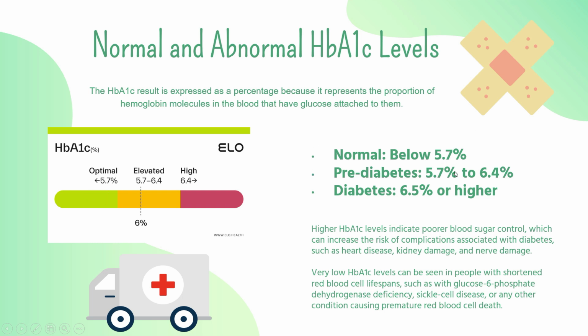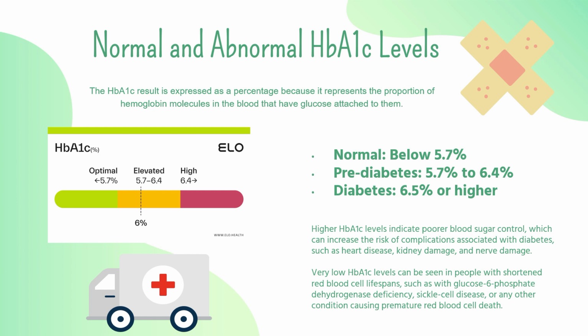In prediabetes, we have 5.7% to 6.4%. This means patients who are borderline diabetic or in the process of developing full-blown diabetes. They fall into the yellow or elevated zone. And then higher levels, or this purple zone, is 6.5% or higher.